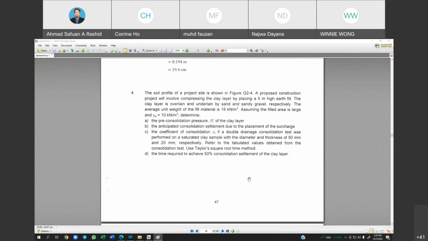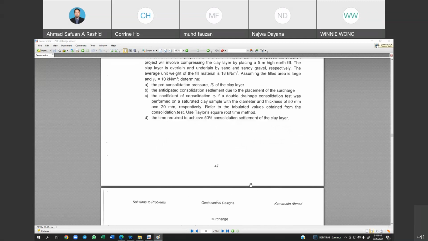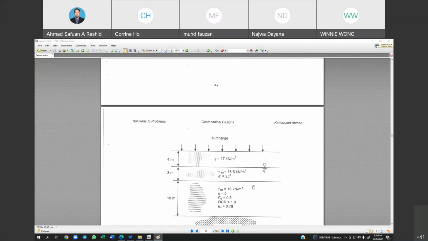The clay layer is overlain and underlain by sand and sandy gravel, respectively. The average unit weight of the fill material is 18. Assuming the fill area is large and the unit weight of water is equal to 10, determine A, B, C, D only.